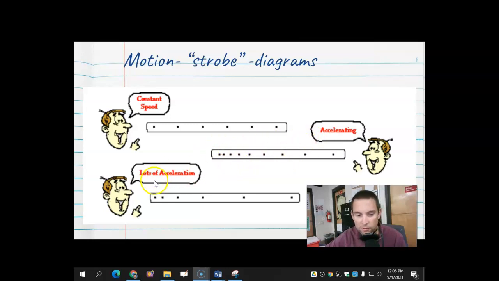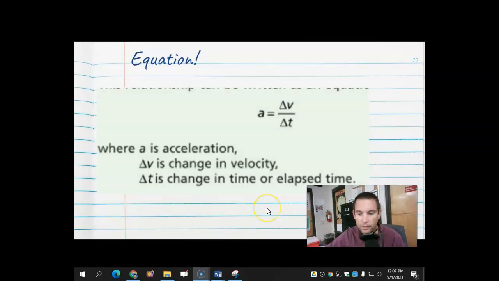This is with a little bit of acceleration. Now looking at lots of acceleration. This is just an exaggerated version of this second one. So here, kind of a big jump, and then we're doubling, and then it's huge, and then it's huge, and then so on.